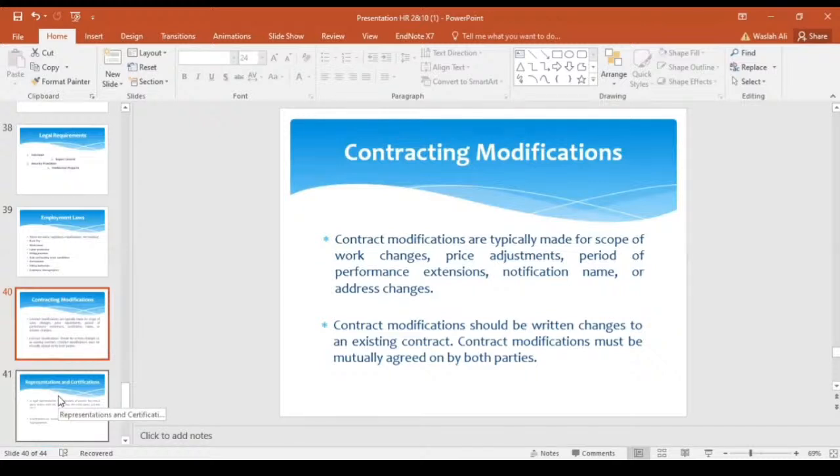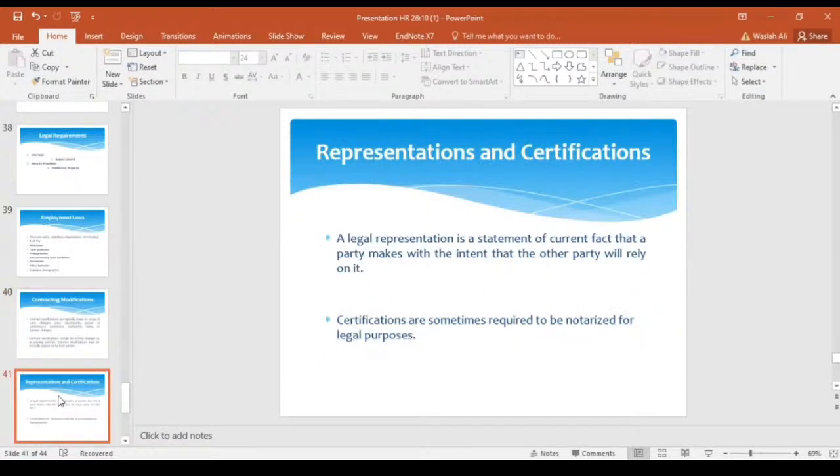Now, our next slide is representations and certifications. A legal representation is a statement of current fact that a party makes with the intent that the other party will rely on it. And what are certifications? Certifications are sometimes required to be notarized for legal purposes.